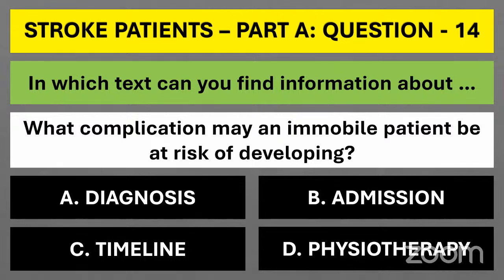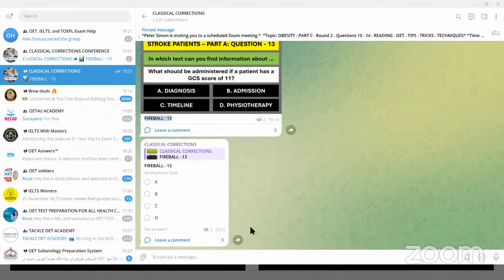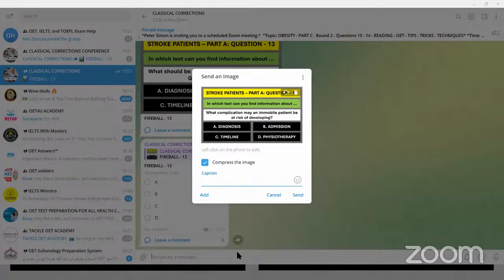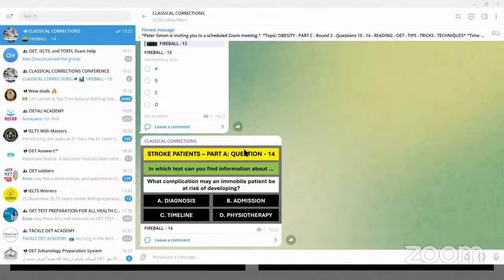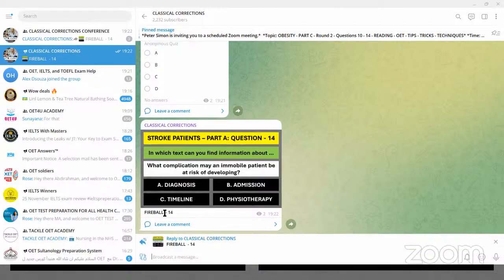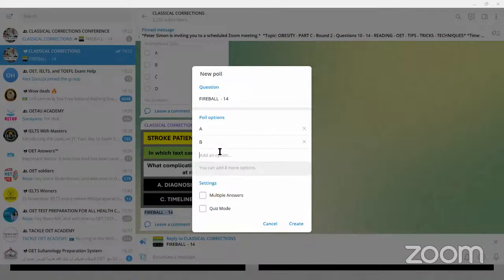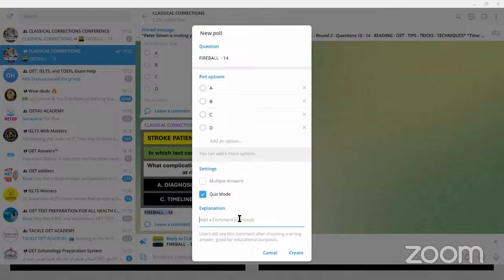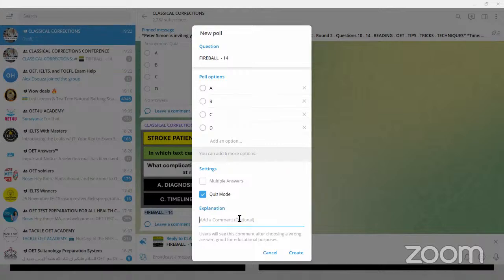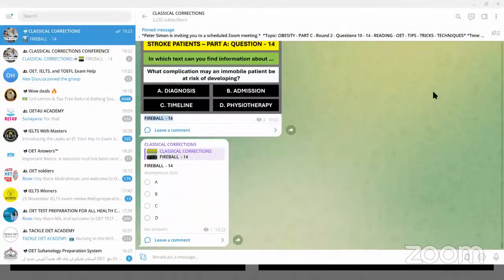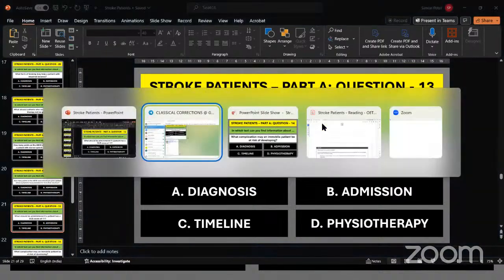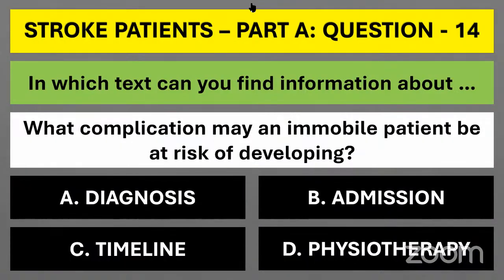A, B, C, D. Question 14. A, B, C, D. Fine. So 7 students have said it is in D.